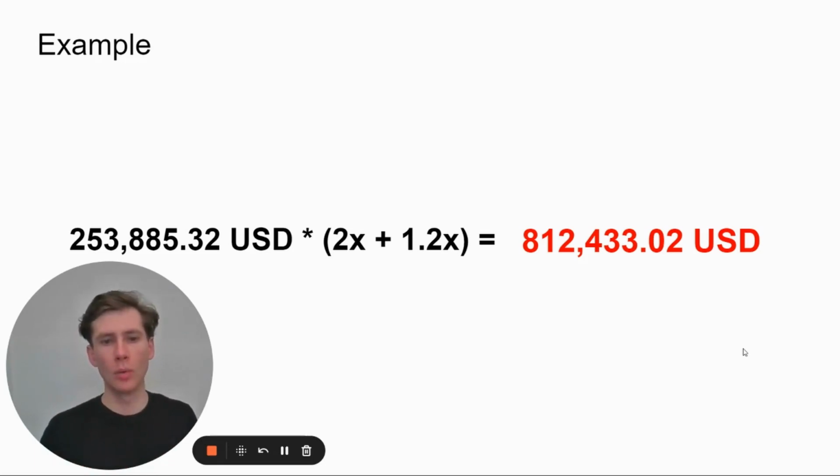So, having gone through all those factors, we could argue that this store should be valued, maybe as an asking price that we can list and really argue for, at a 3.2x multiple on the profit that it has made, leading to a valuation of $812K. So that's my example. Again, do it for your own store.